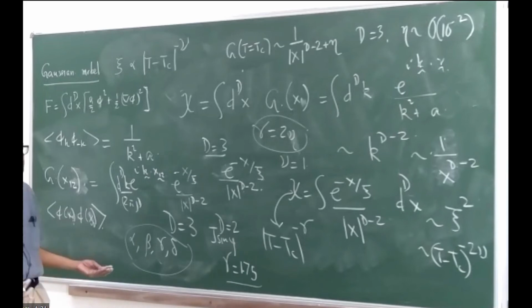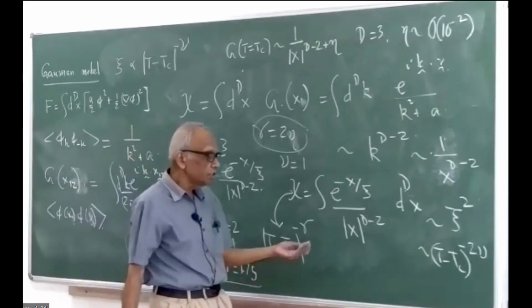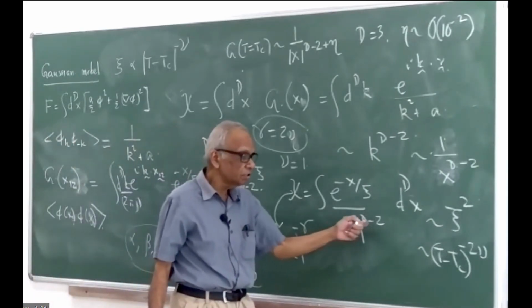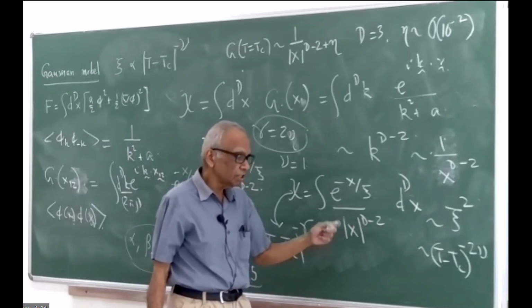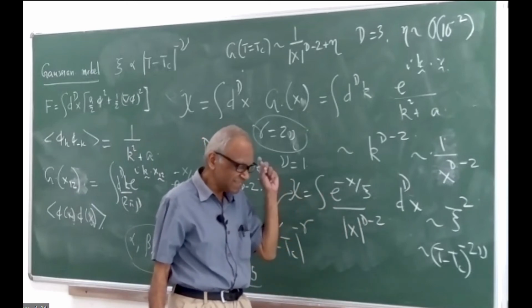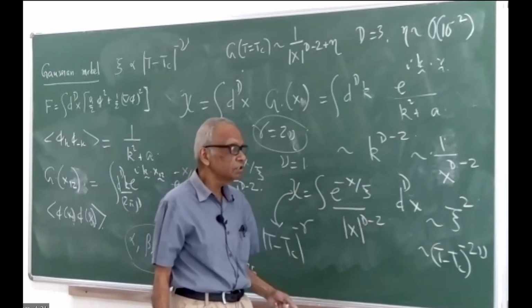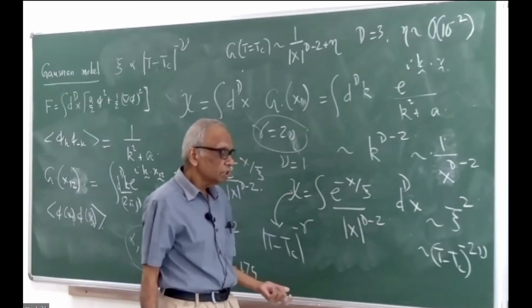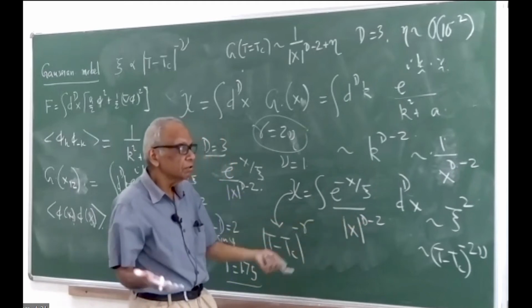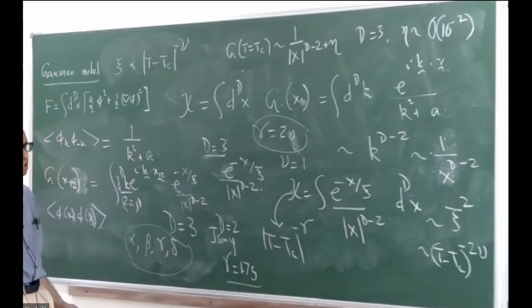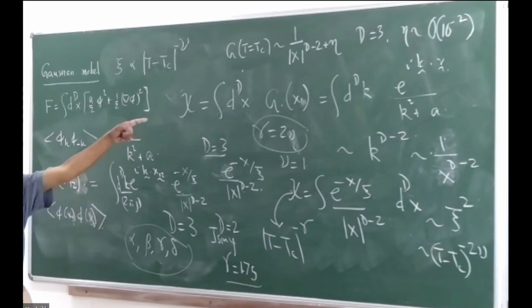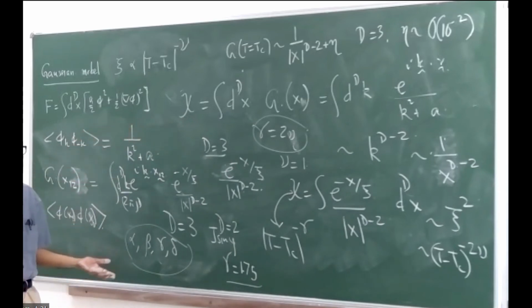The expected answer in d dimensional space is d minus 2. But the 2 was your imagination, right? You took some argument like that and said a Gaussian model gives d minus 2, therefore the answer is d minus 2.